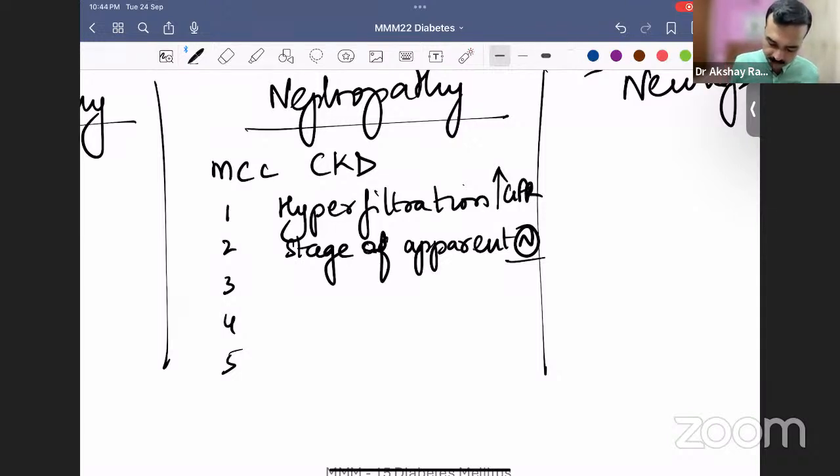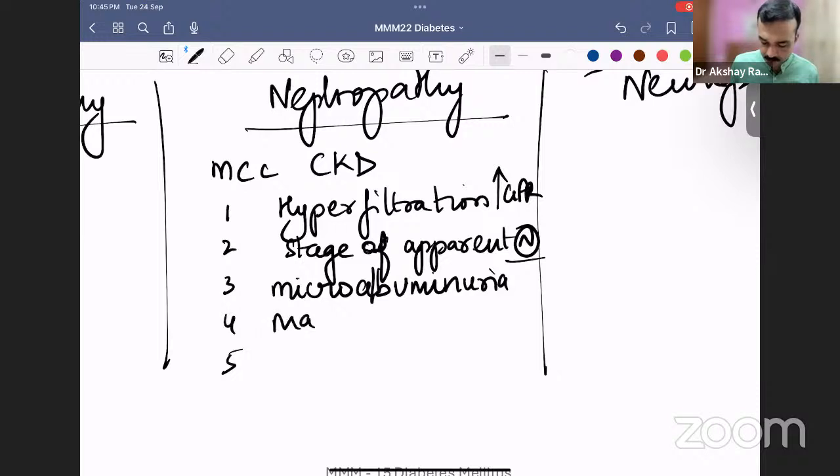Stage 3 is when they generally develop micro and macro albuminuria. Forgive me, I will use these terms for now, but remember, these are no longer accepted or preferred terminologies.